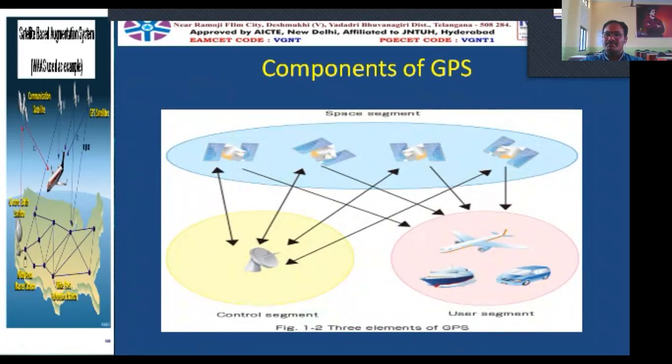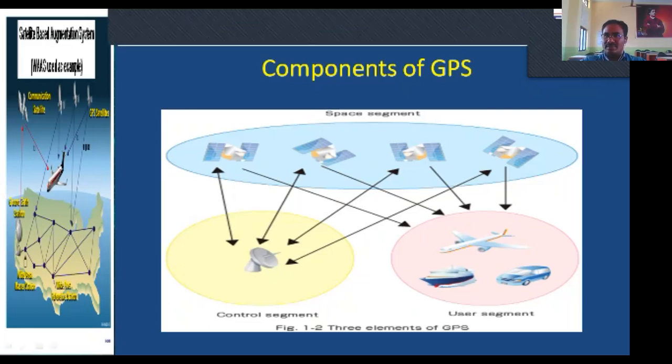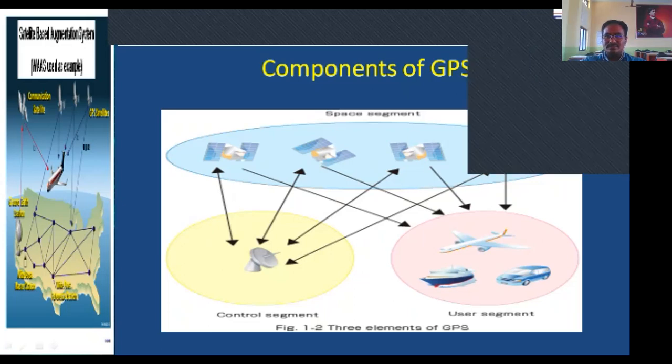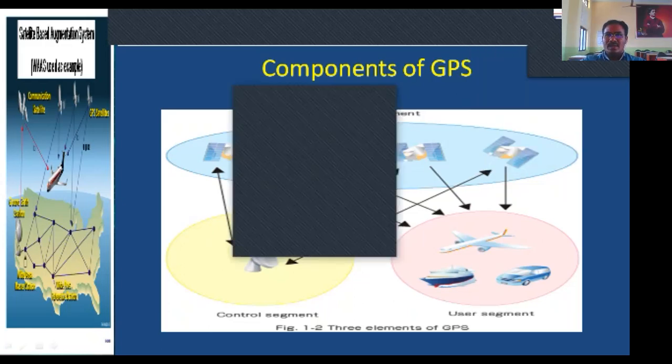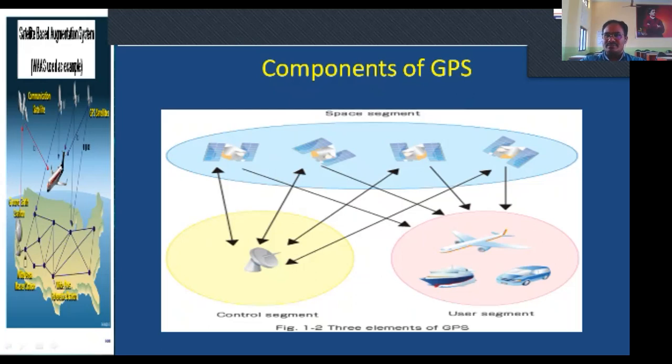So this is the actual pictorial view. As we have learned in our previous class, at least 4 satellites will be continuously sending signals to a user. That's why in the space segment, 4 satellites are shown orbiting around the Earth. This is the control segment, the master control.